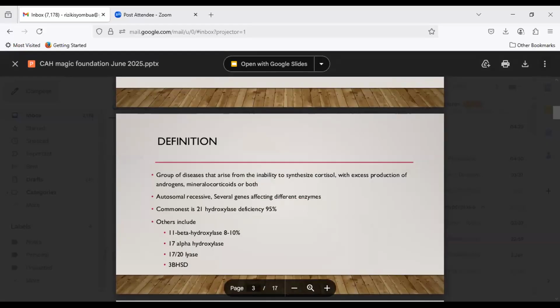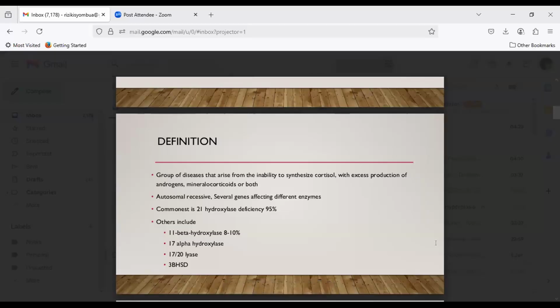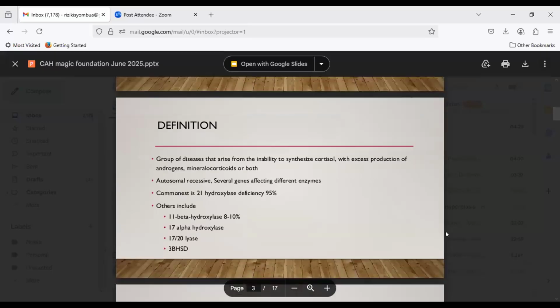It's an autosomal recessive disease with several genes that affect different enzymes that we are going to see shortly. The commonest is 21 hydroxylase deficiency that accounts for about 95% of the patients you see. But the others would include 11 beta hydroxylase, 17 alpha, 17,20 lyase, and 3 beta HSD.